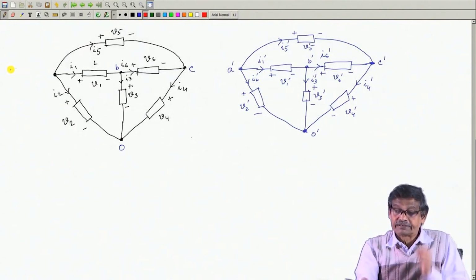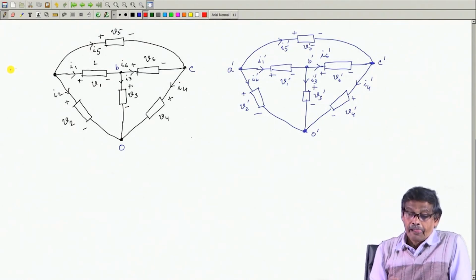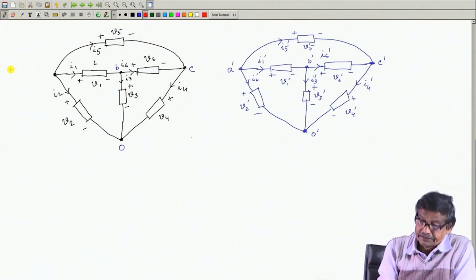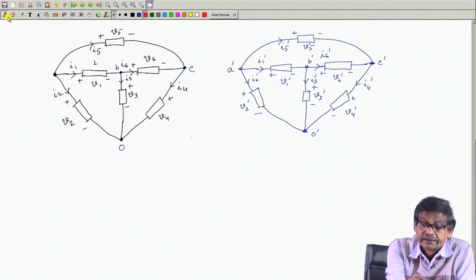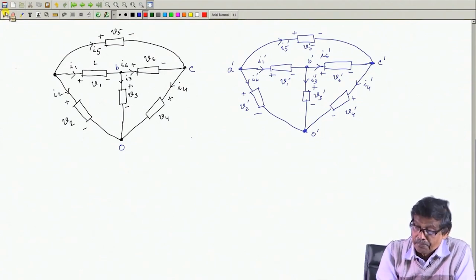Now, come to this circuit once again. Now, what I will be doing is this, as suggested by Tellegen, that now let us try to calculate V1 and then I1 dashed.